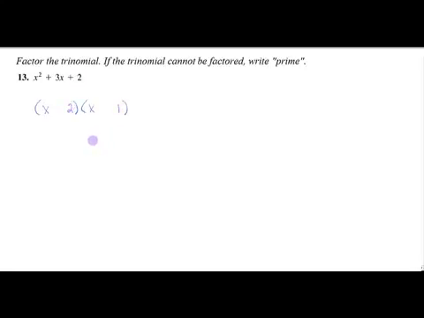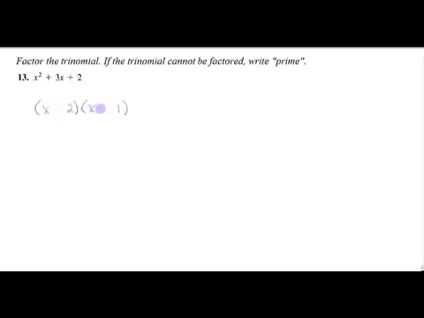What will my signs be? Well, I don't have any negative signs, so really I don't need to worry about negative signs. But let's look a little closer. Here I have a positive. All that tells us is that these signs will either both be positive or both be negative. We cannot have one positive and one negative, because if we had a positive and a negative, that would have multiplied to be a negative 2.